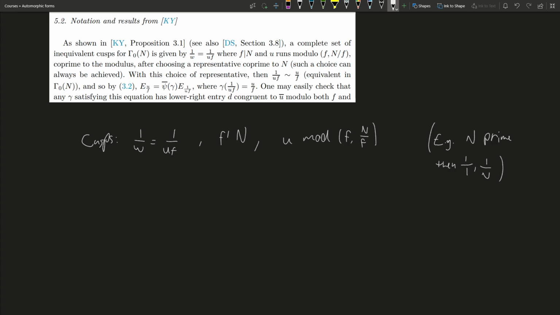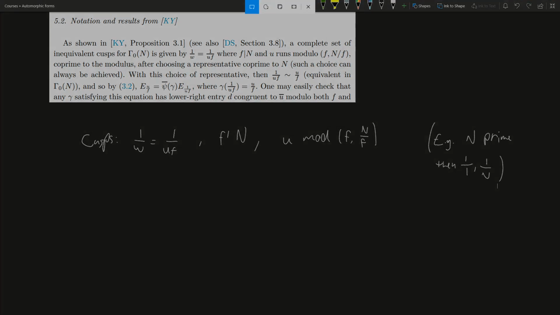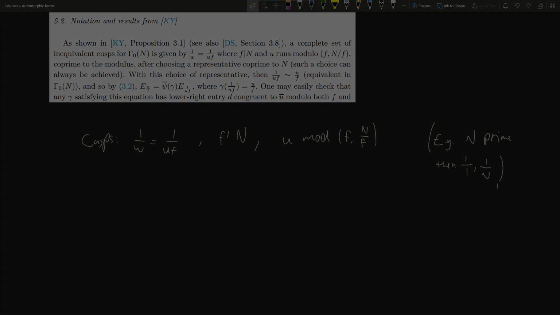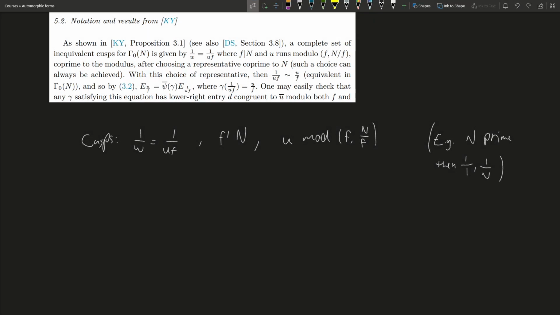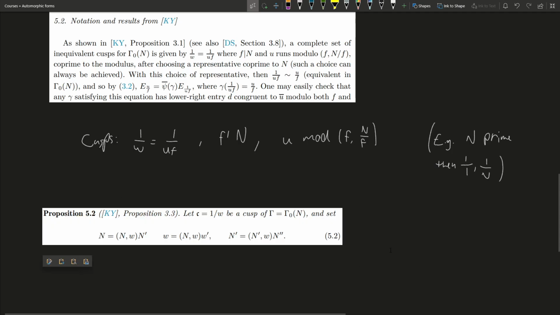And the next fact that we're going to end up needing is, fact is maybe a strong word. The next part of the notation that we're going to end up needing from this paper is this proposition. So here, this is just a definition of n prime, w prime, and n double prime.